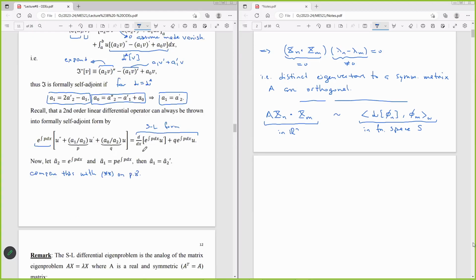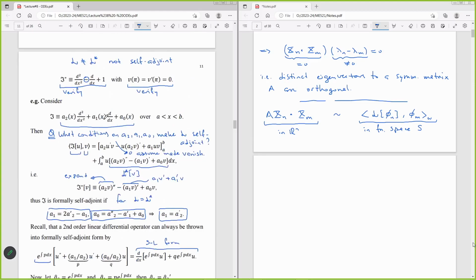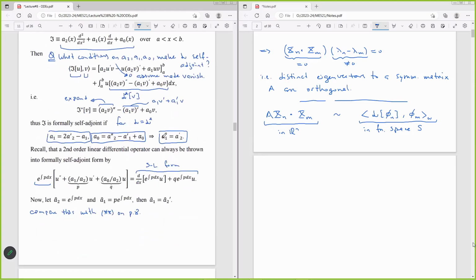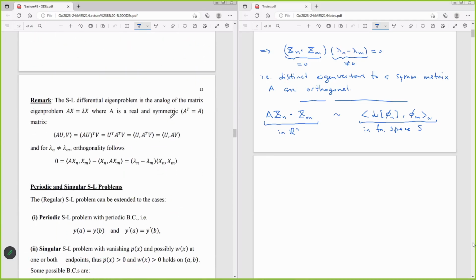It's the same procedure, but we have a different objective here, right? Our objective was converting a non-symmetric, non-self-adjoint operator to a symmetric, self-adjoint operator. And what should be the conditions on these coefficients? That's what we obtain. There's only one condition. That's very nice. All right, these are some periphery stuff, not the main problem, just to show you where you are, to give you a perspective, because otherwise it just becomes very shallow.